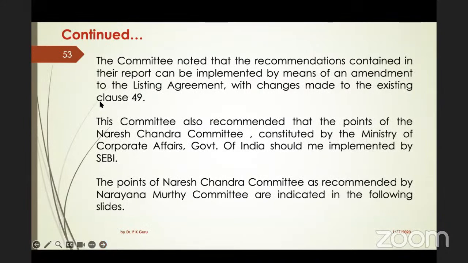This clause 49. Sir, I have a doubt related to related party transactions. Is there only two parties to be formed in a related transaction, or can it be expanded? It can be any party. There are so many stakeholders and so many transactions taking place, so everywhere you have to avoid related party transactions.